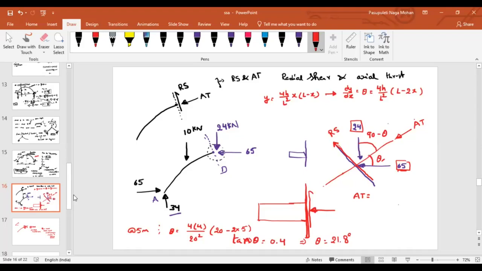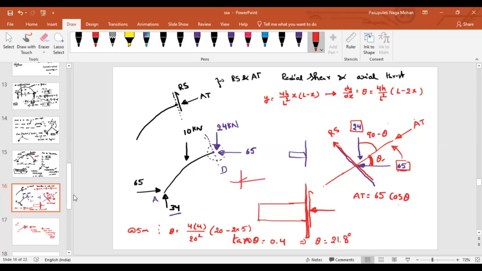If you resolve the 65 force along the axial thrust, how will you get it? Resolve this force along this plane, how much will you get? 65, what is the angle? It is adjacent, so cos theta. The plane is making an angle theta, so here it will be cos theta.